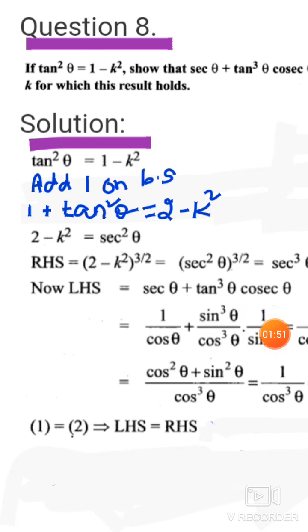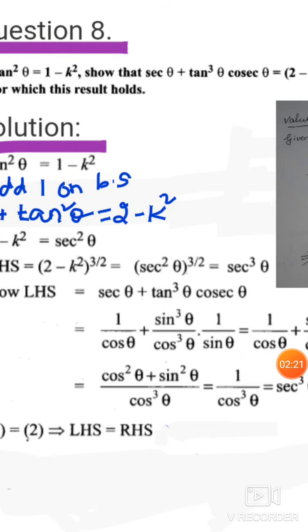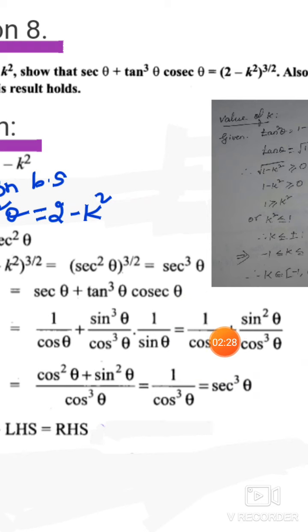Cosecant theta, using a reciprocal relation, we can write as 1 by sin theta. Now you can cancel sin theta. So we have 1 by cos theta plus sin square theta divided by cos cube theta.